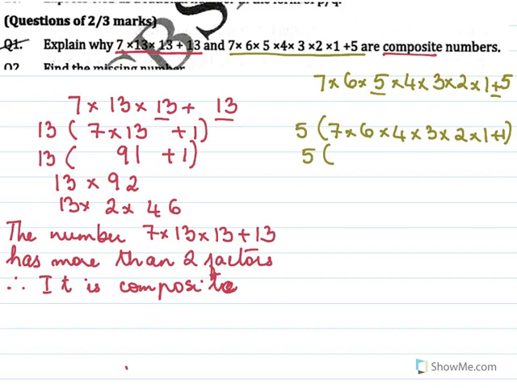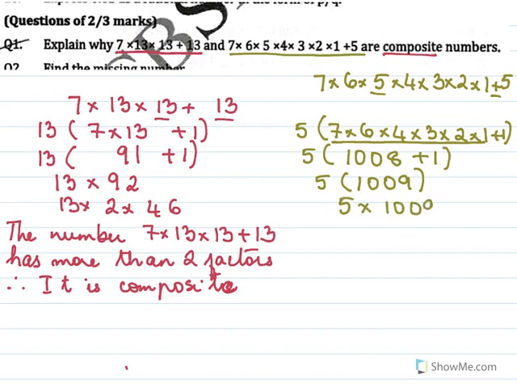So 5 into, let's multiply this and find the product, and that is 1008 plus 1. So 5 into 1009. Now it is 5 into 1009, and the number itself is also a factor.